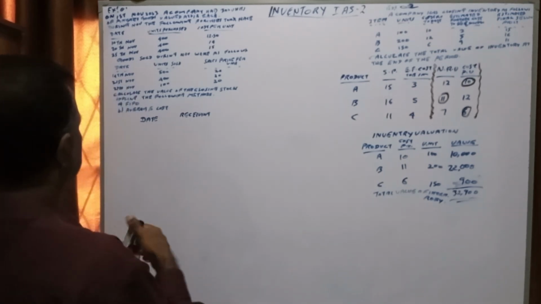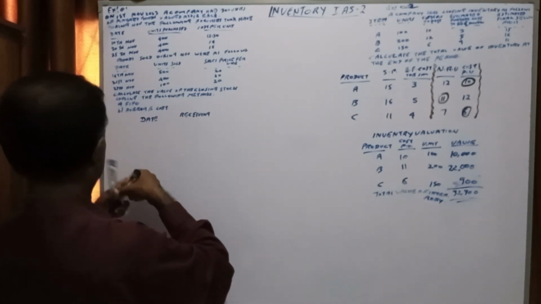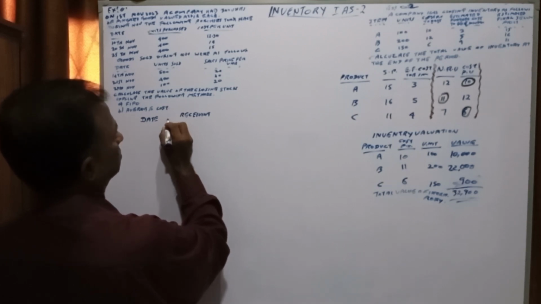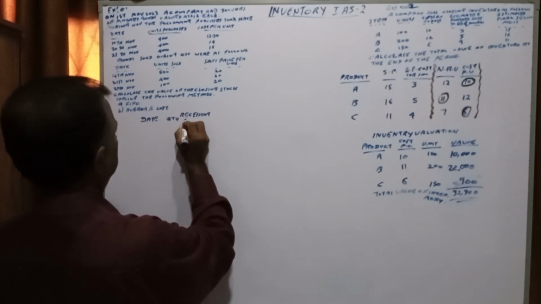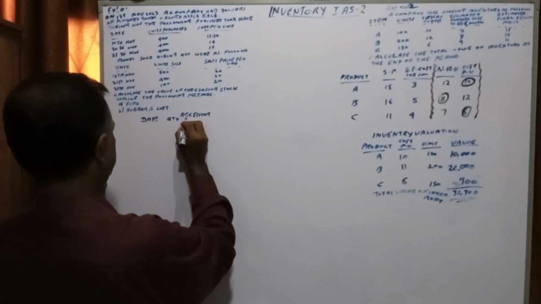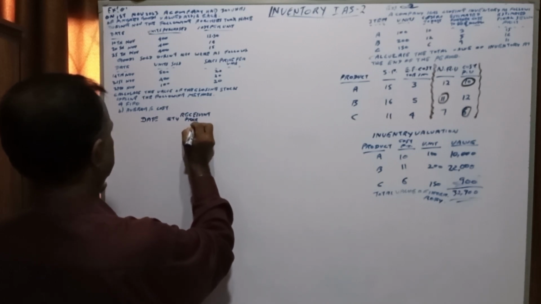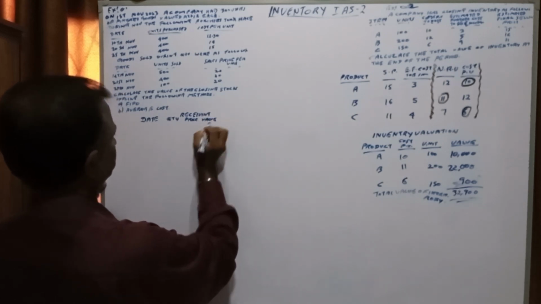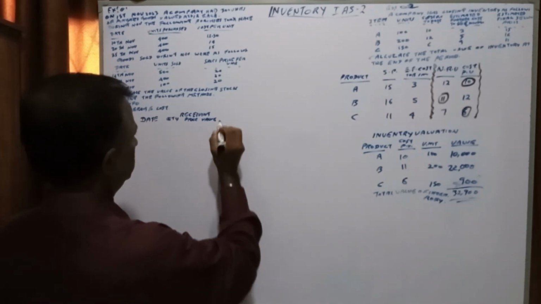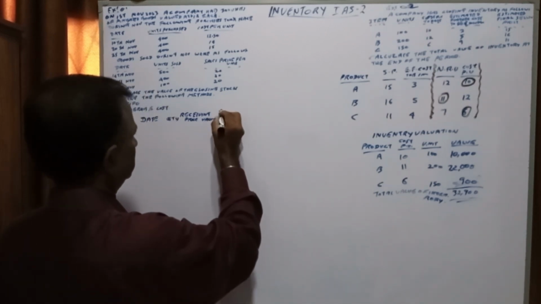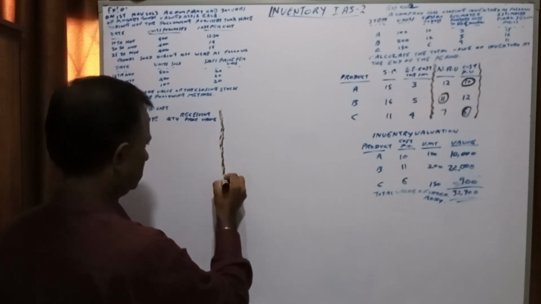In the receiving, we have to say quantity, price and amount, value, right? Value. So this is the dividing point.